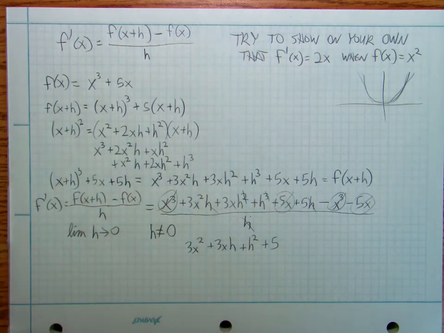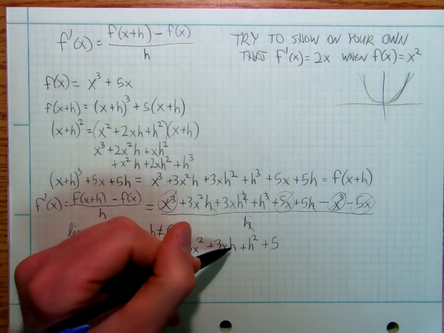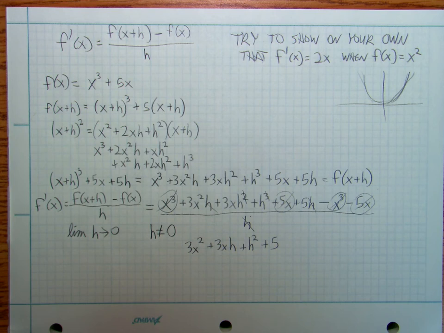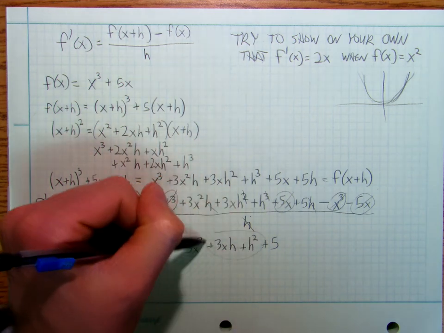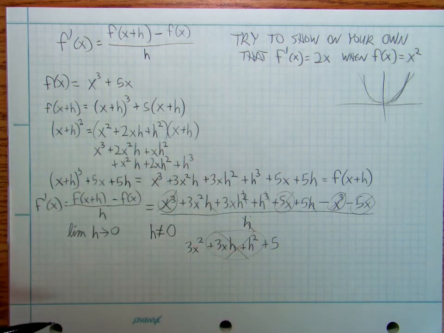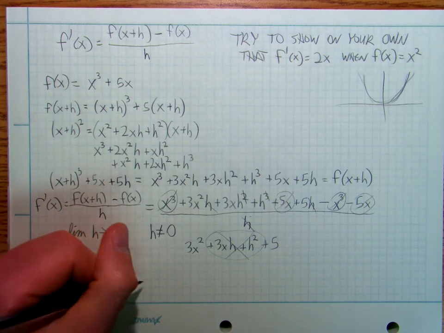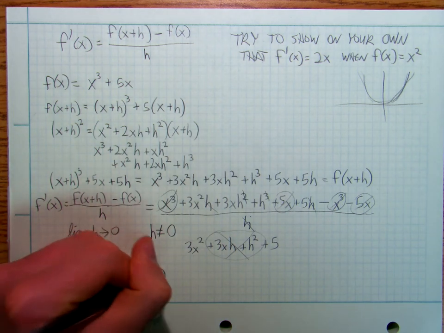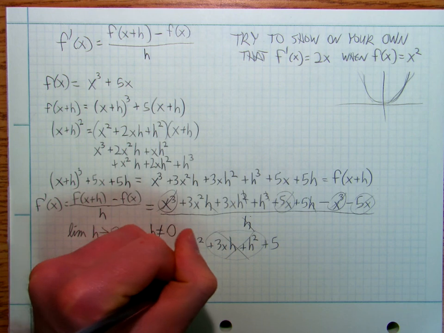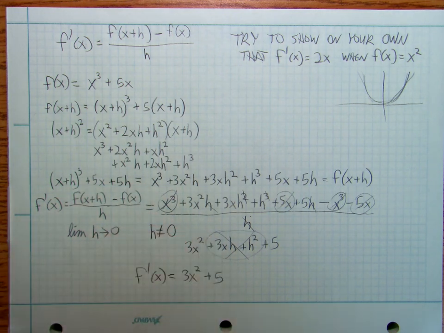And then because h is really, really close to 0, I'm just going to ignore those. And so I'm finally going to say f prime of x is equal to 3x squared plus 5.